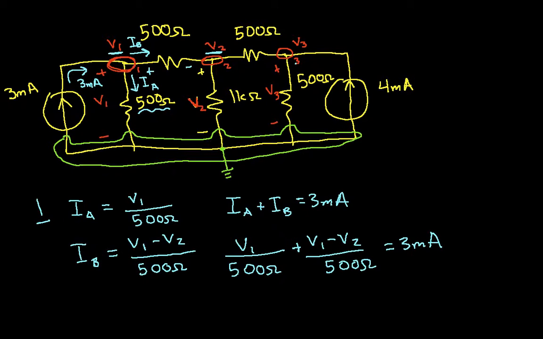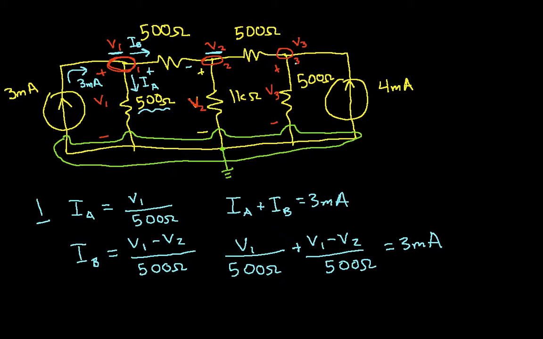I could leave it at this, but in order to do step 4, which is solving the system of equations, I want to simplify it one step further by combining all the terms that include V1 and combining terms that include V2.